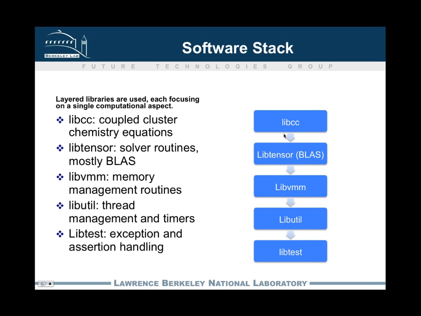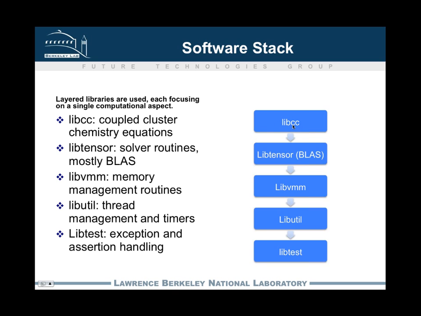So in this library, actually there are multiple libraries on top of each other, each of them responsible for one functionality. The coupled cluster library, which is LibCC, sits on top and basically tries to present all chemistry equations in an easy form, probably for a chemist.